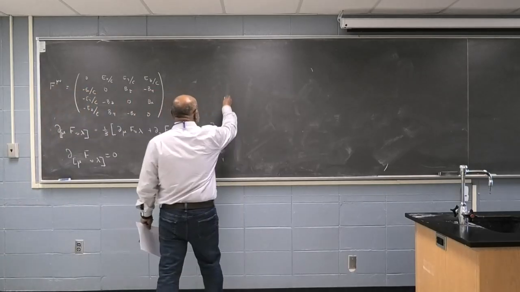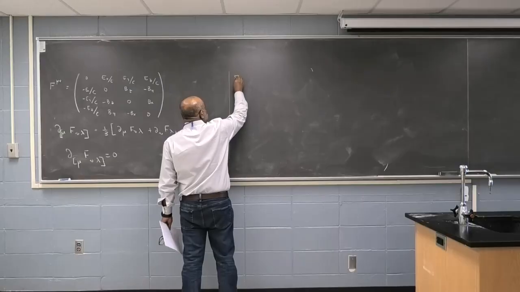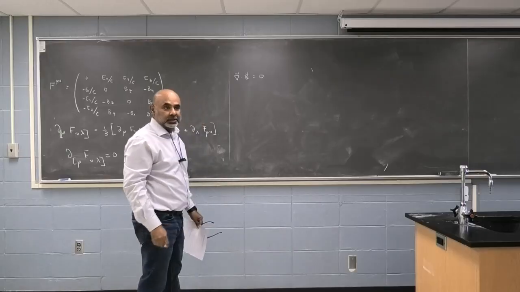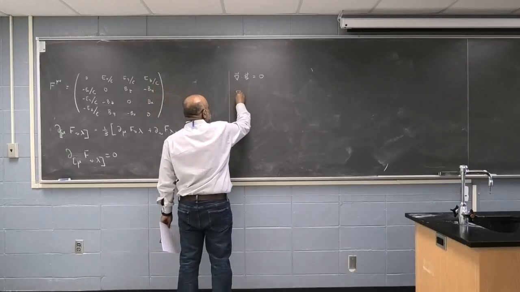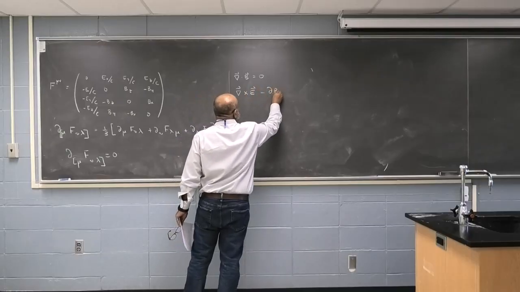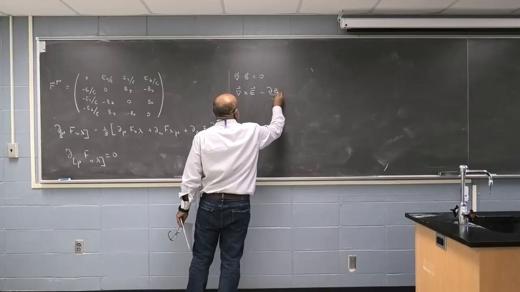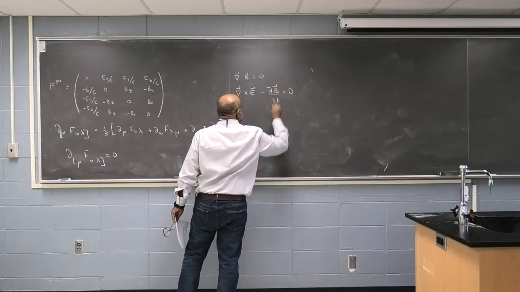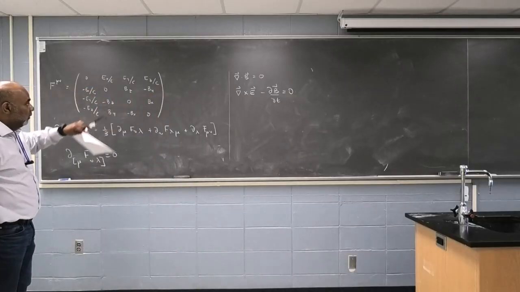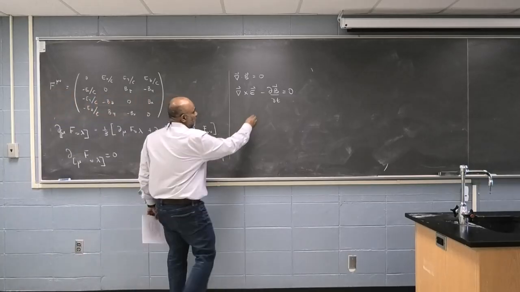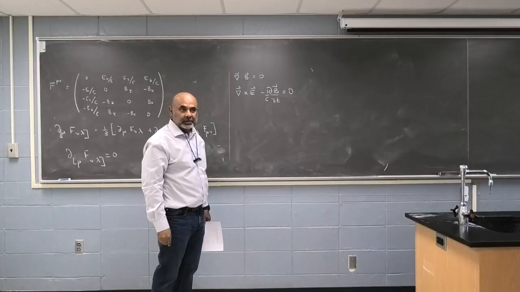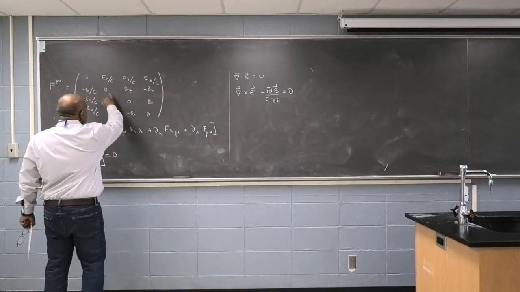What are the homogeneous Maxwell's equations? Divergence of B equal to 0, the ones with no sources, that's what I mean. And Faraday's law, right? But when I didn't put the original C, I got 1 over C, which is bad. But guess what?